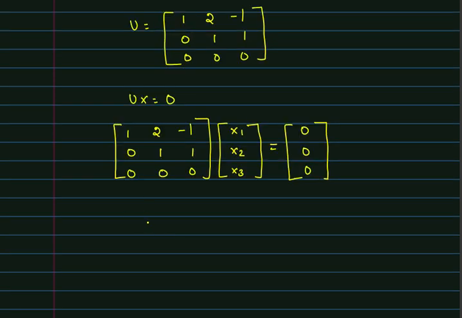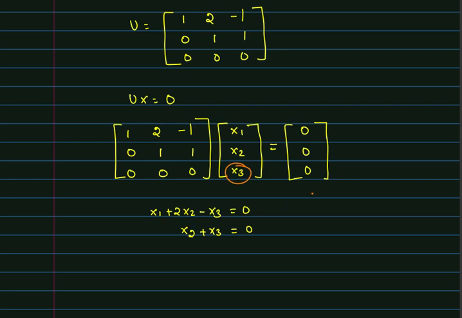From this, we get x1 plus 2x2 minus x3 equal to 0, and x2 plus x3 equal to 0. Here x3 is the free variable, because there is no pivot element for x3. The basic variables are x1 and x2.